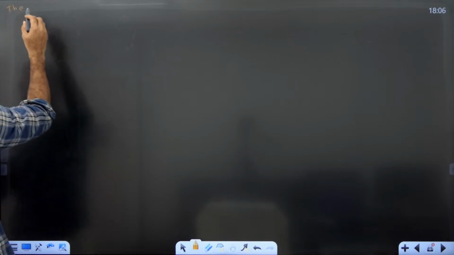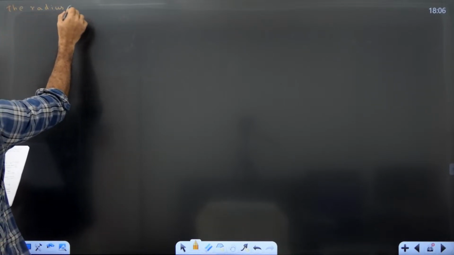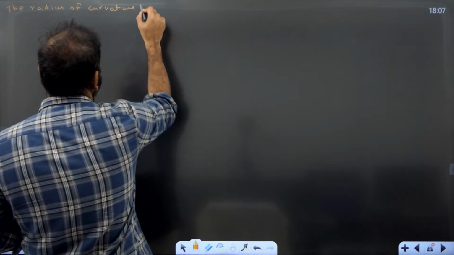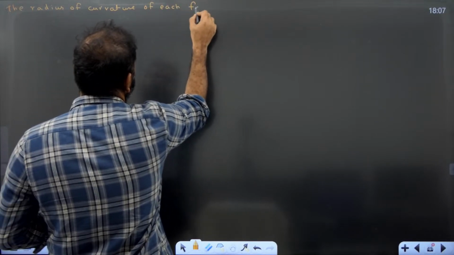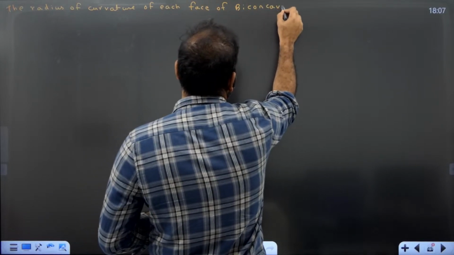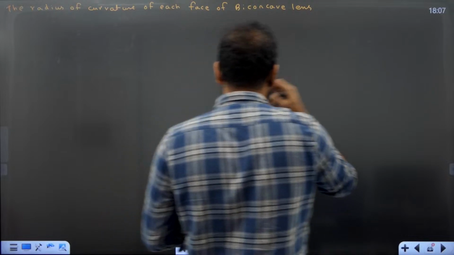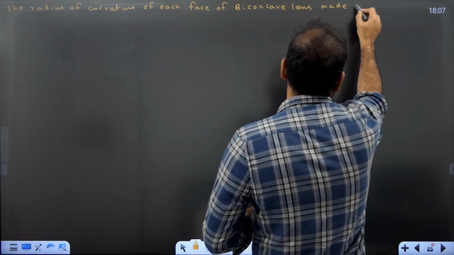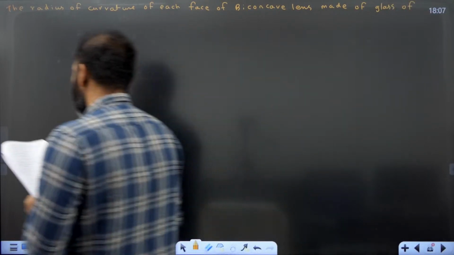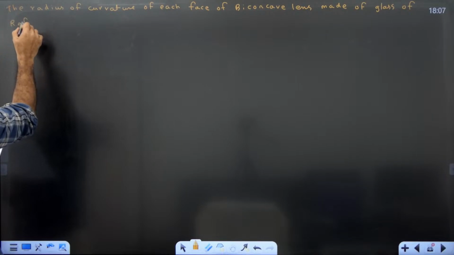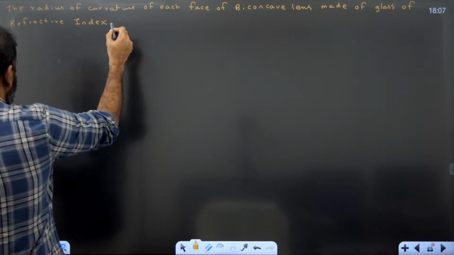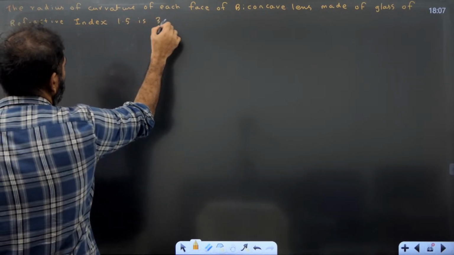Next question. The radius of curvature of each face of a biconcave lens made of glass of refractive index 1.5 is 30 centimeter.